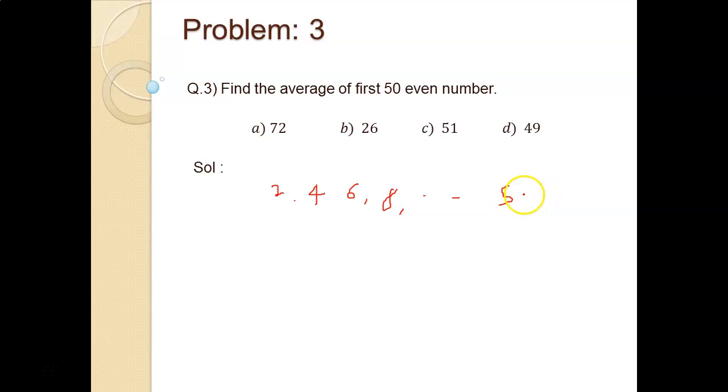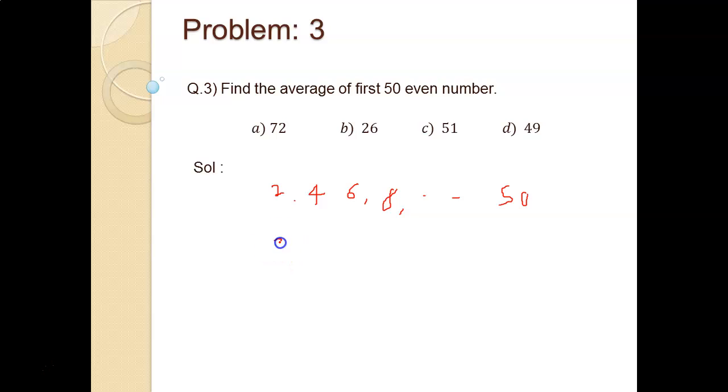The ones position is 2, 4, 6, 8 and 0. Those numbers are even numbers. So we need the addition of these given numbers. So what will be the trick?